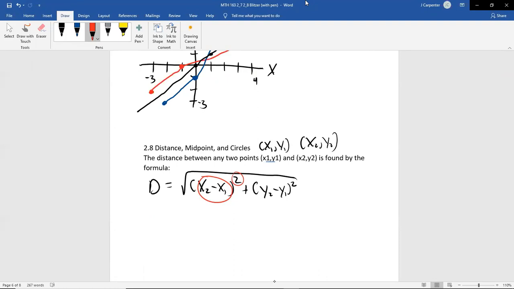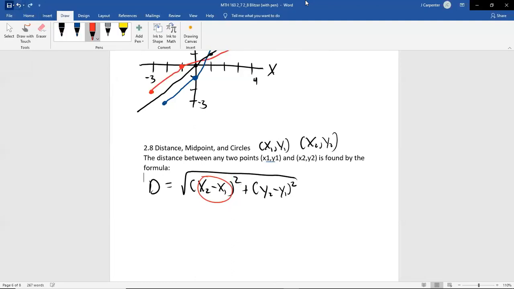So in fact, the order of the 2's and the 1's in both of these is arbitrary. Remember I said with the slope formula, the order was arbitrary as long as you were consistent. Here, you don't even have to be consistent. You can do x2 minus x1 and y1 minus y2, and you won't even screw up. It's convenient.